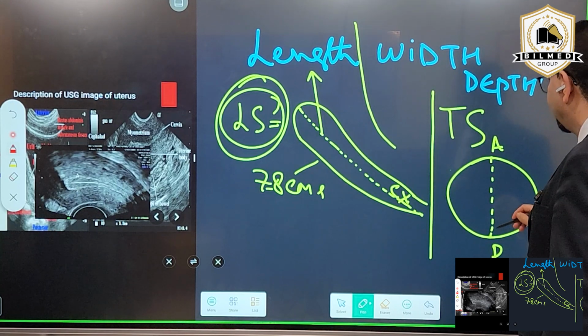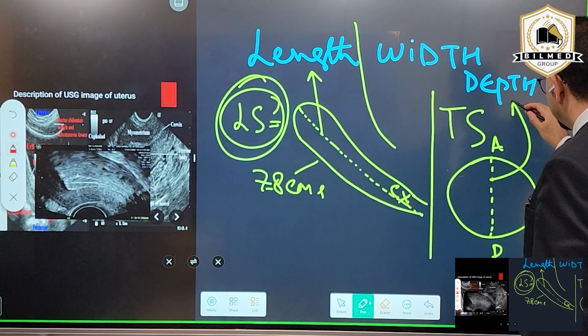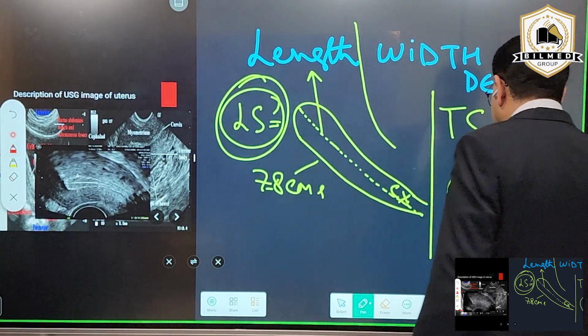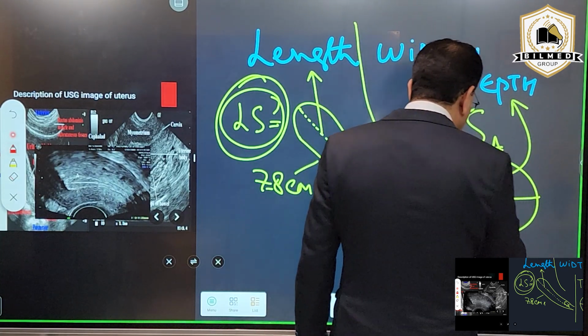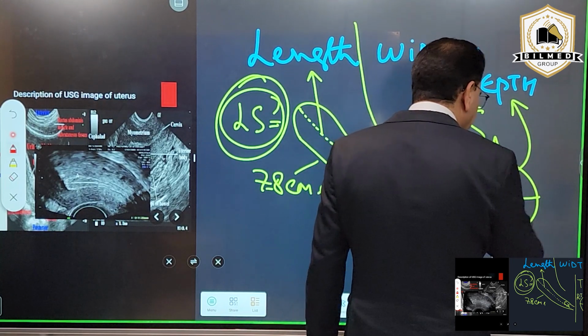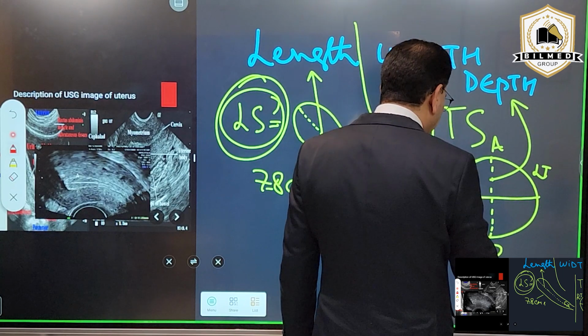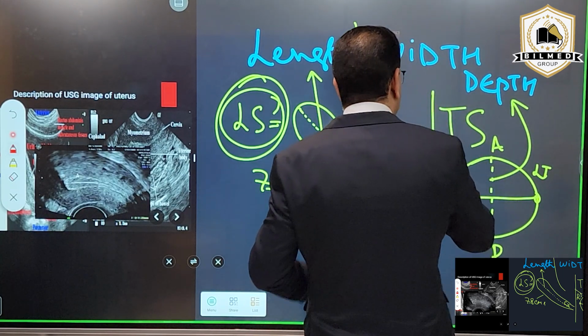Anterior to posterior will be the depth. Now, when I measure from here to here across, it is from right to left. Now, recall the screen orientation which we have discussed. When I measure from right to left, I am measuring the width.